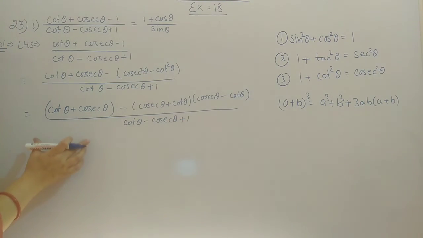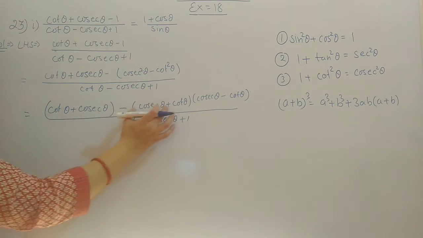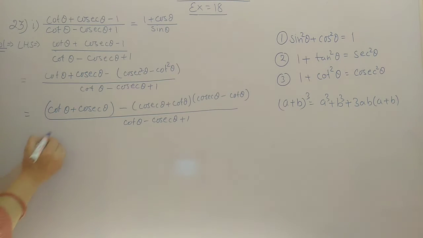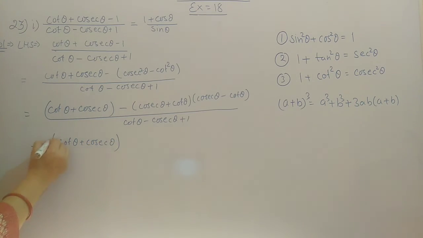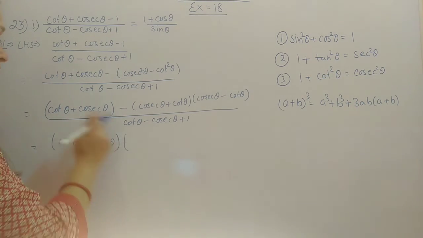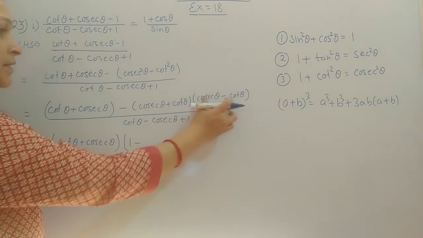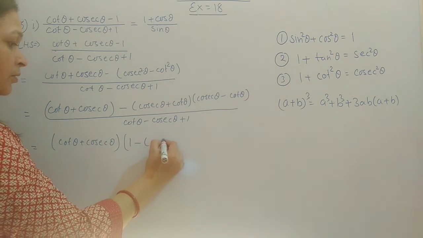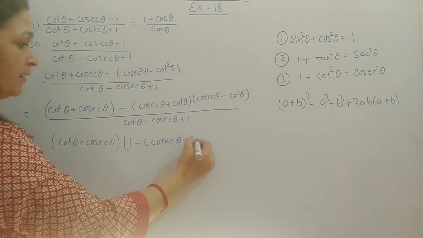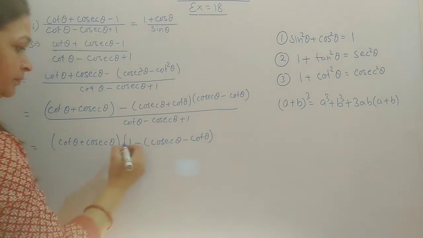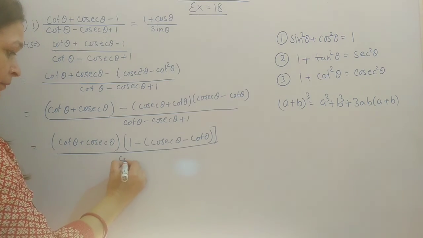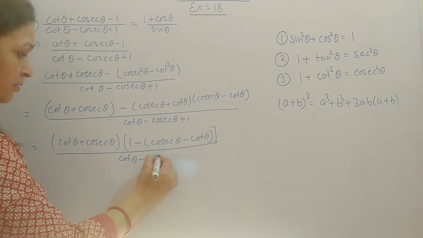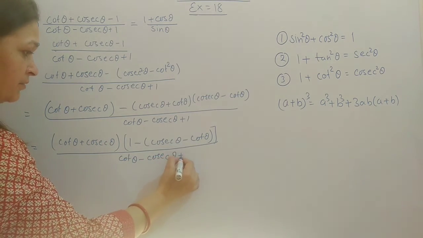You can see from the first term and second term this bracket is same, so this we can take common. Cot theta plus cosec theta we are taking common, and then in another bracket we will get 1 from here minus this thing, cosec theta minus cot theta, divided by cot theta minus cosec theta plus 1.